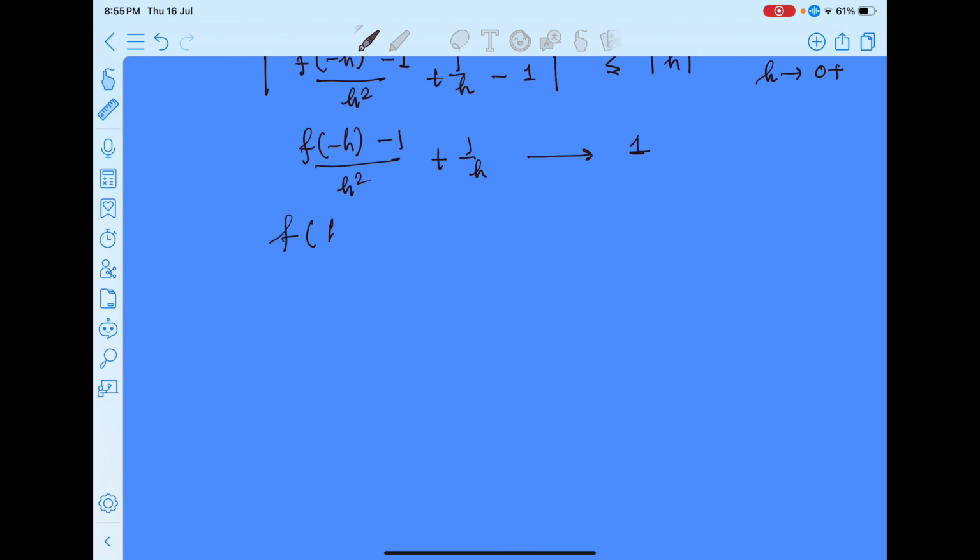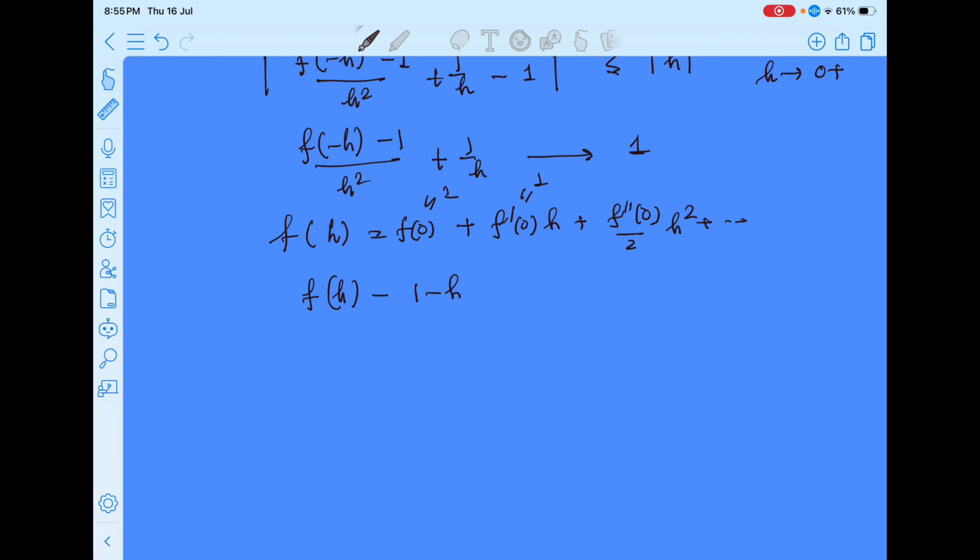So f(h) is f(0) plus h f prime(0) plus h squared and so on. This is the Taylor series expansion, and given the condition that this is 1 minus h squared, equal to (f double prime of 0 divided by 2 minus 1) h squared plus higher degree terms. So this mod is tending to 0.